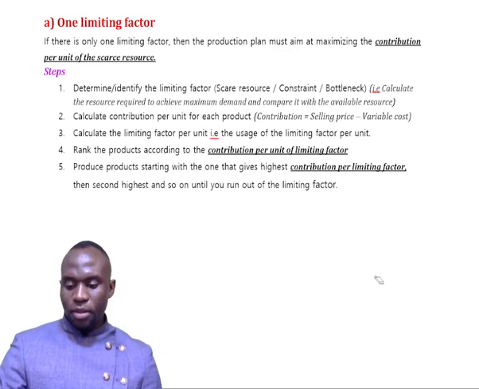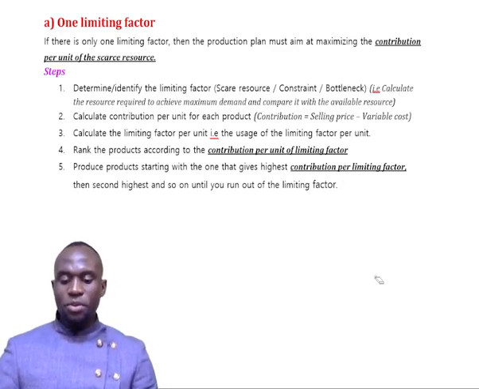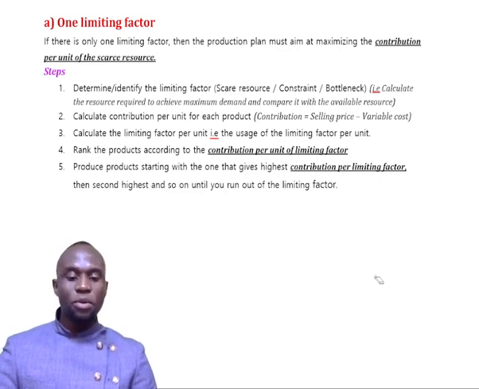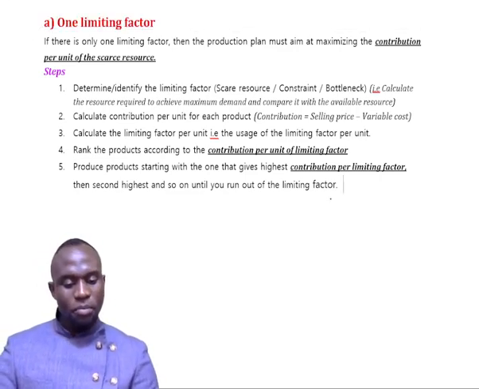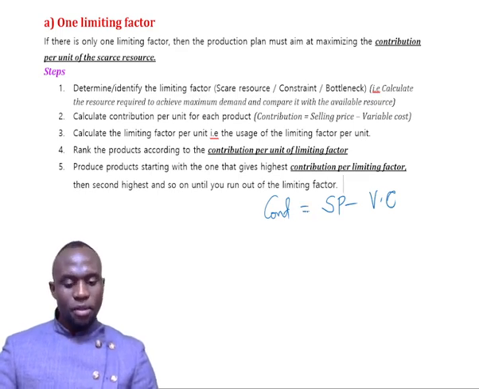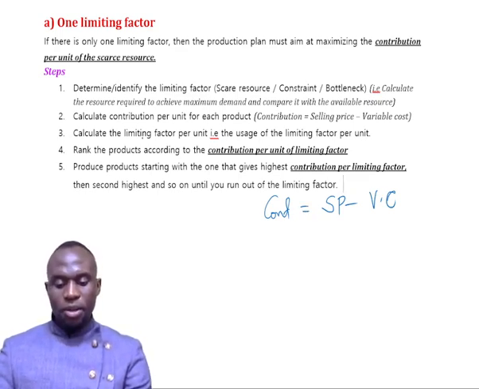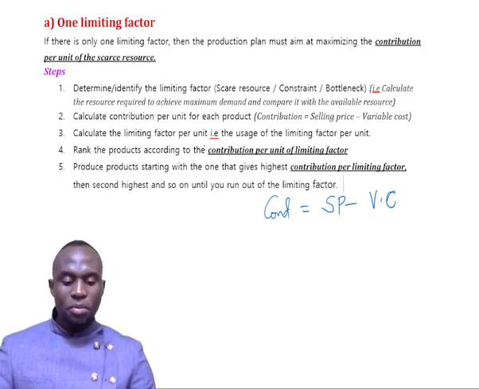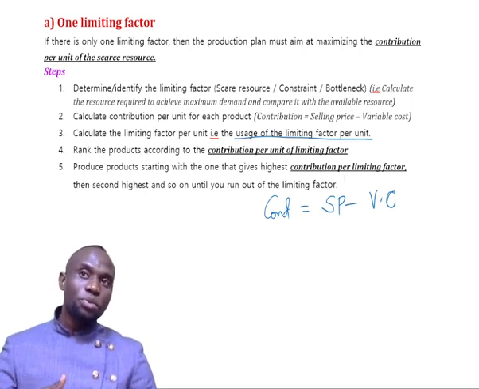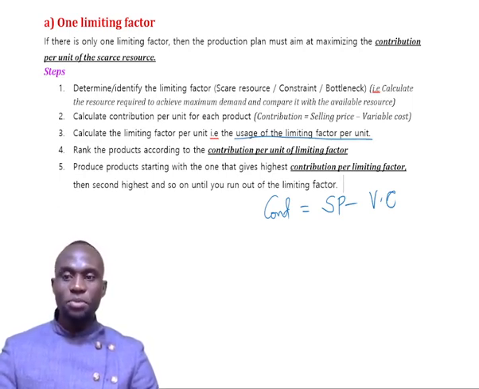Then number 2, calculate contribution per unit of each product, and contribution is selling price minus variable cost. Then calculate the limiting factor usage per unit, which is simply the usage of the scarce resource to produce each unit. You will best understand when we do the illustration.